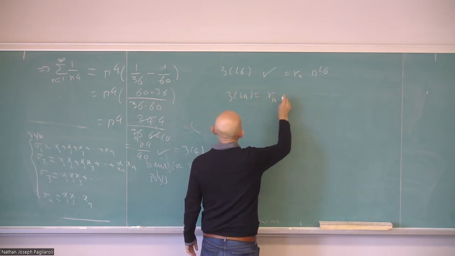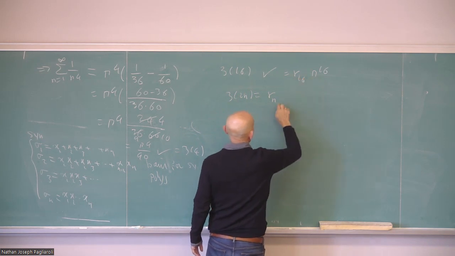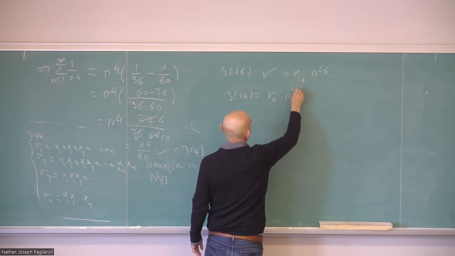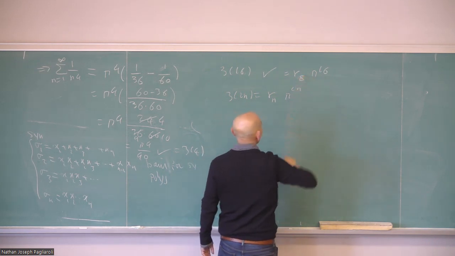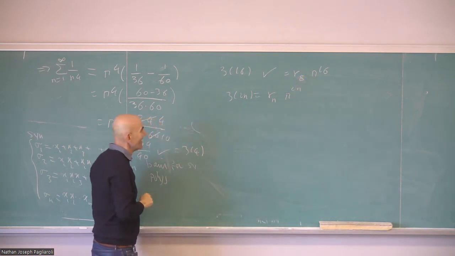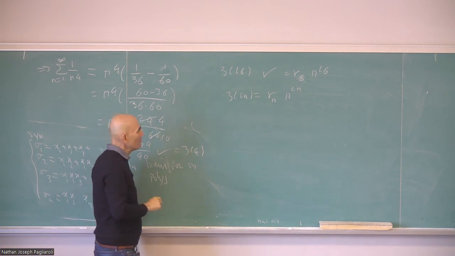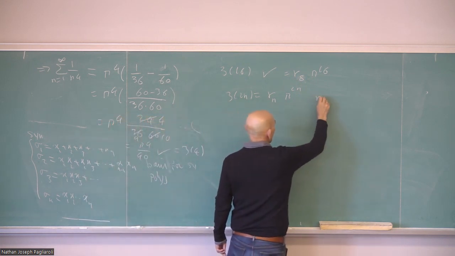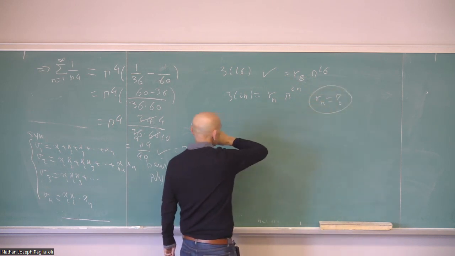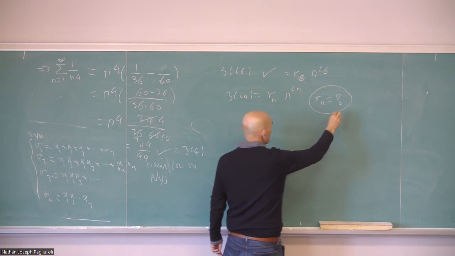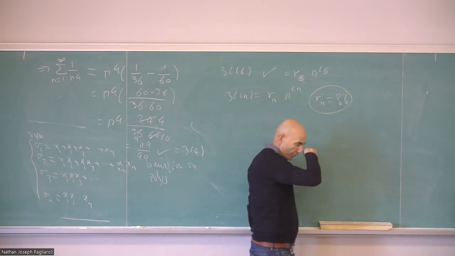But the question is, what is Rn? This was a big question looming for Euler.